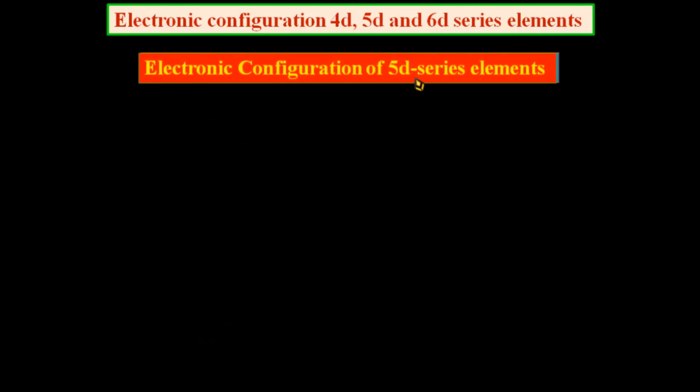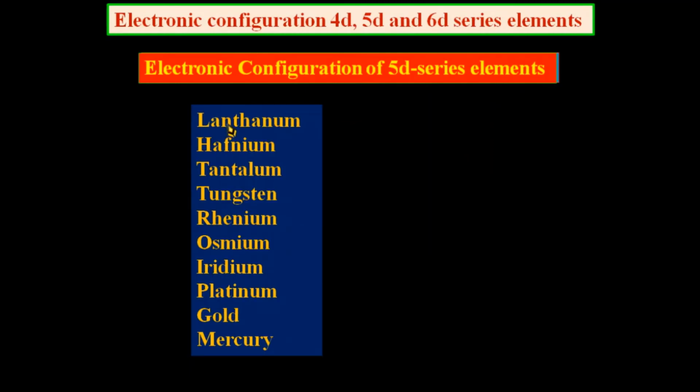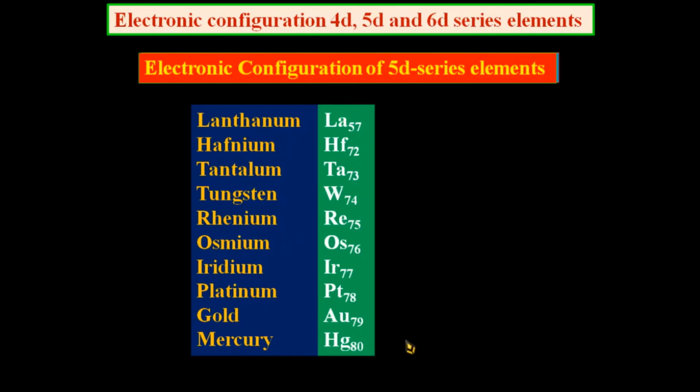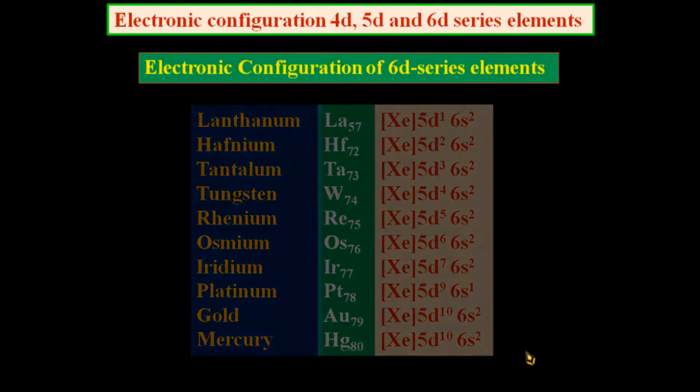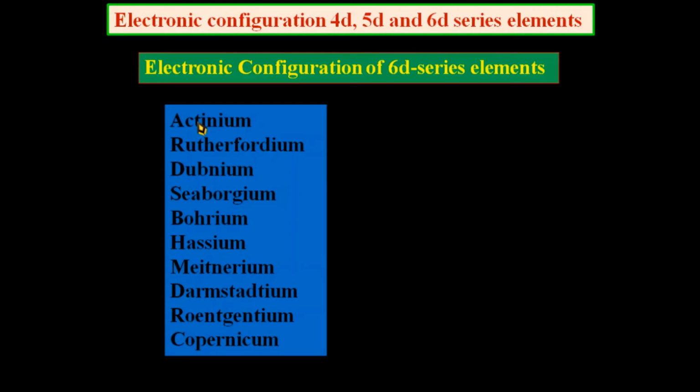Similarly, for the electronic configuration of the 5d series elements, the 5d series starts from lanthanum and ends with mercury. This is their symbol and atomic number, and this is the electronic configuration of this series. And lastly, the electronic configuration of the 6d series, or the fourth transition series. These are the elements.